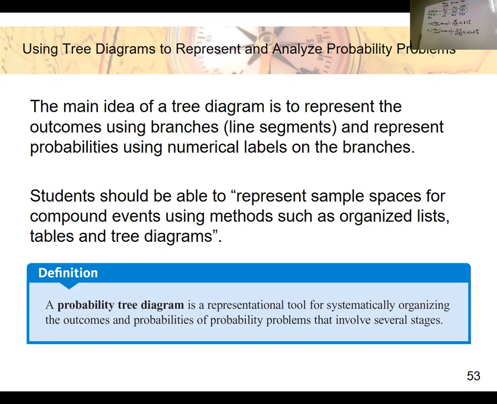The main idea of a tree diagram is to represent the outcomes using branches or line segments and represent probabilities using numerical labels on the branches. So the definition there is, it is a representational tool for systematically organizing the outcomes and probabilities of probability problems that involve several stages. Okay.